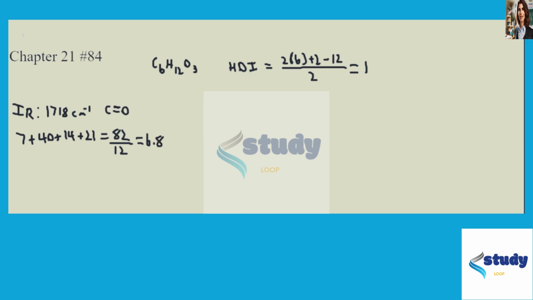Then we need to divide each of the signal numbers by 6.8. So 7 is going to equal roughly 1. 40 divided by 6.8 is going to equal roughly 6. 14 divided by 6.8 is going to equal close enough to 2.